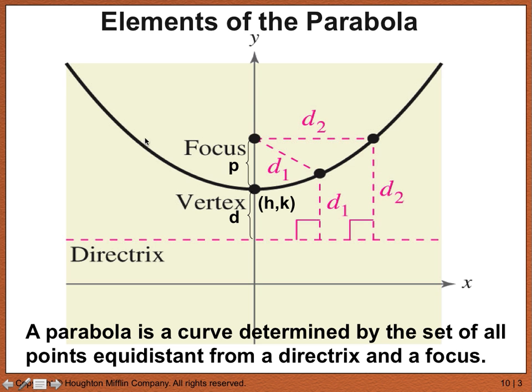I'm tracing along the parabola, and this parabola is a set of points. It's the set of all the points that are on this curve, or if you want to think about it another way, all the points graphed on this set of coordinates would make the curve. Either way you look at it, you can agree that there are many points along this curve.